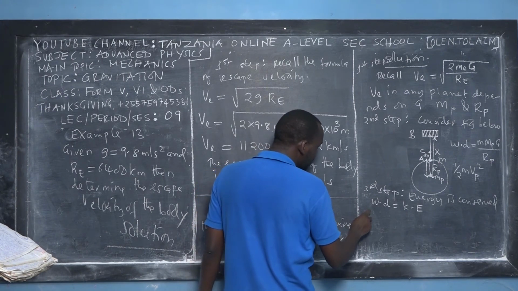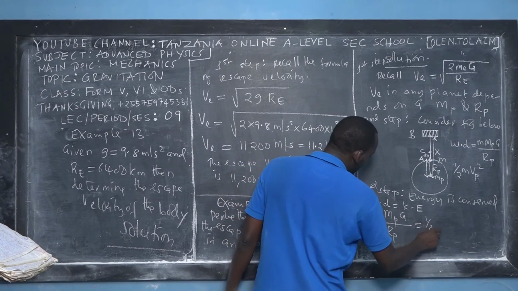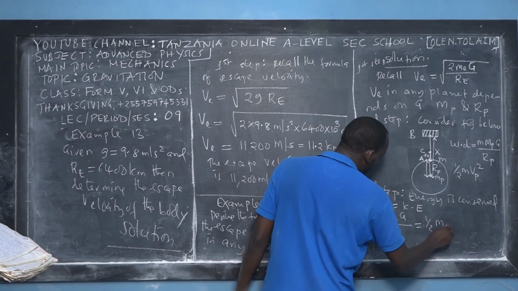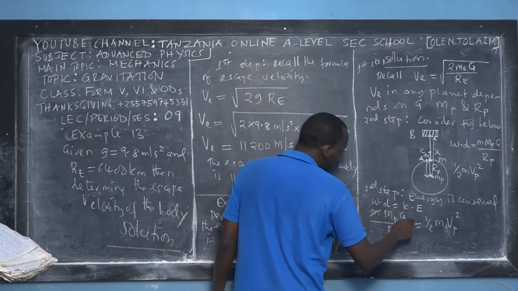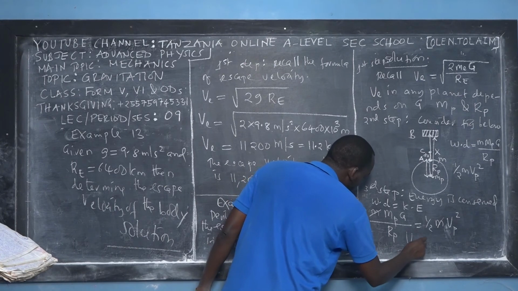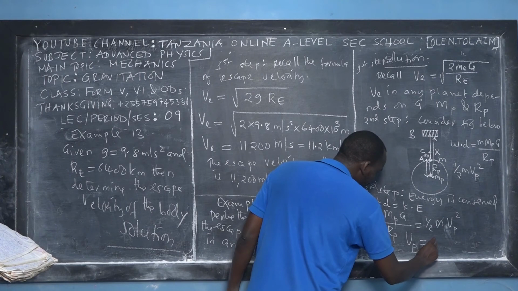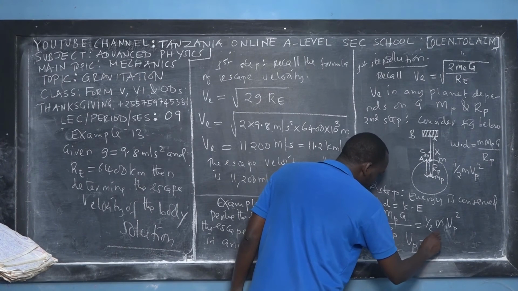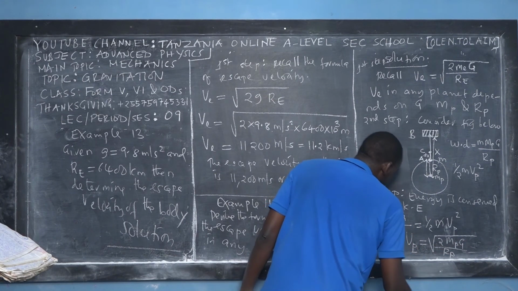So the work done, m times M of the planet times G over the radius of the planet, is equal to a half mass of the body times the escape velocity in that planet squared. So if you derive the final formula, the escape velocity at a particular planet will be what? Twice the mass of the planet times the gravitational constant over the radius of the planet.